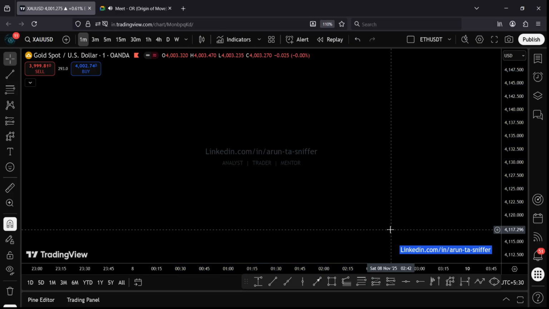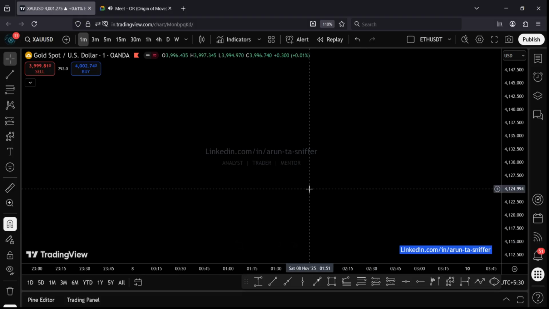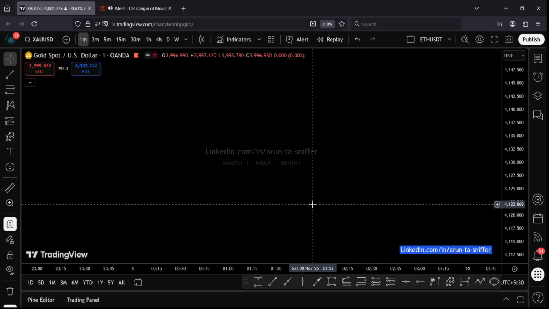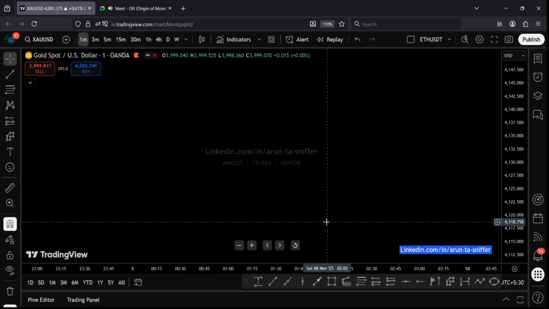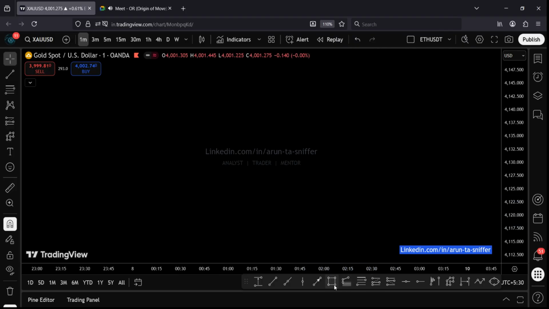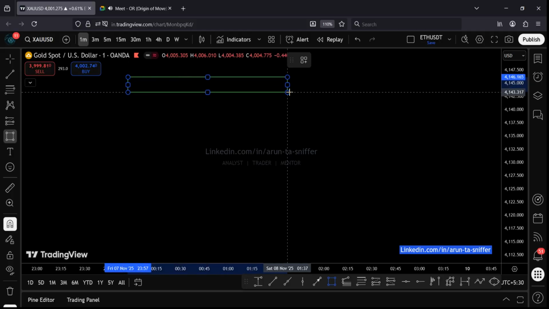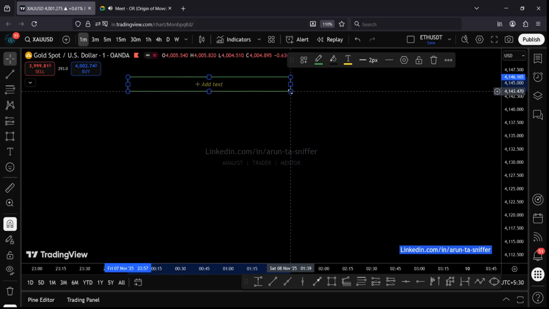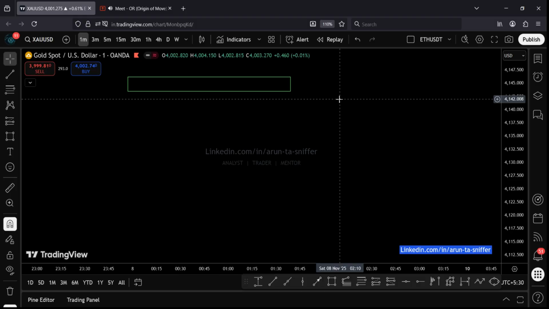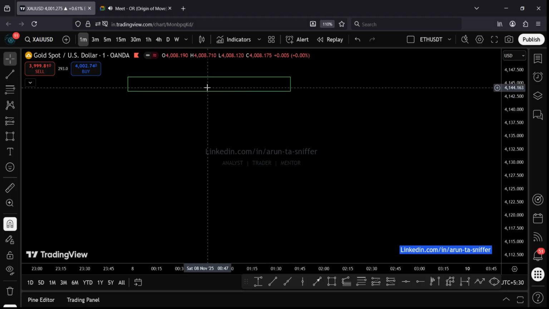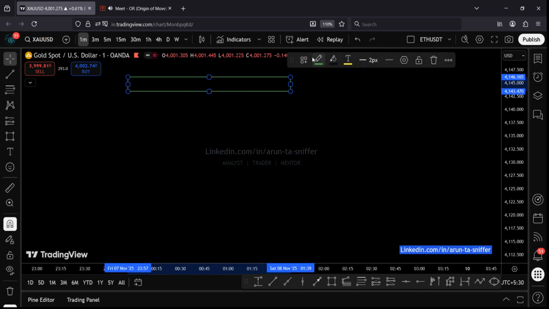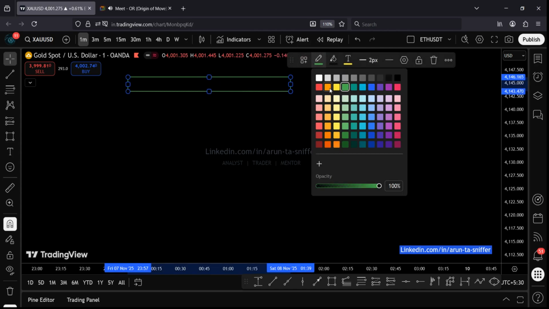RSFL. Okay. What is the RSFL? So think like this is a zone, right? And this is a true zone. Assume this is a true zone, and let's color this like this.